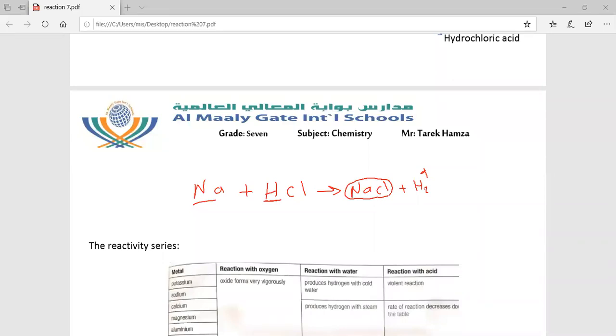Any question in this point? You all understand this point? I finished this point. Any question?